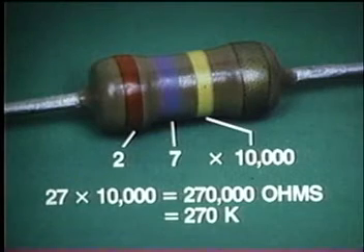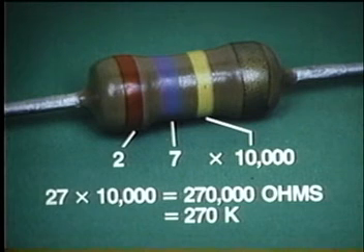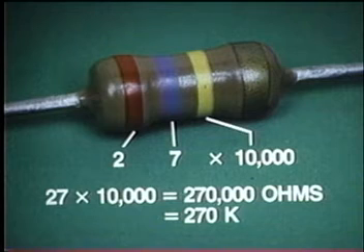If you check your measurement, the color bands indicate that the resistor is rated at 2 and 7 with a multiplier of 10,000, giving a total rated value of 270,000 ohms or 270 K. The fourth band indicates a tolerance of 5%. 5% of 270,000 equals 13,500 ohms.